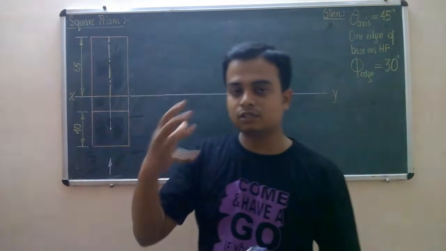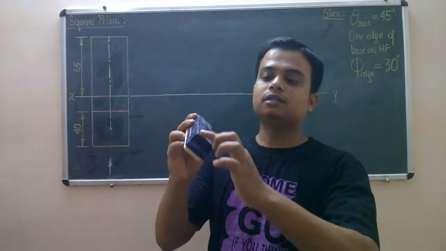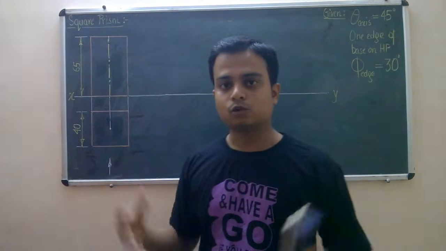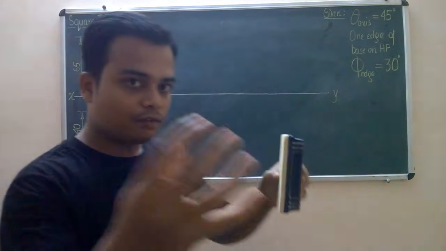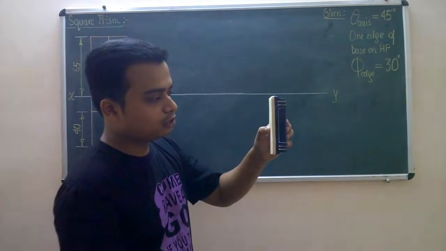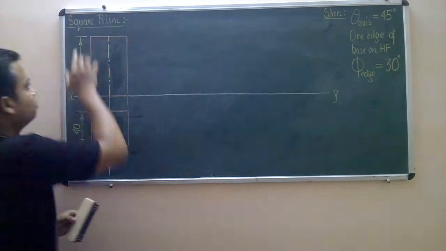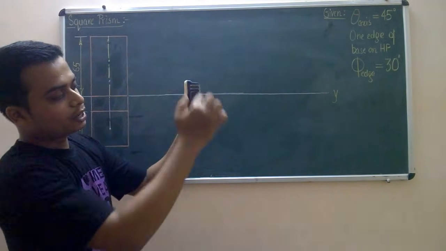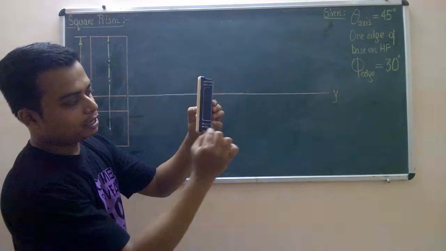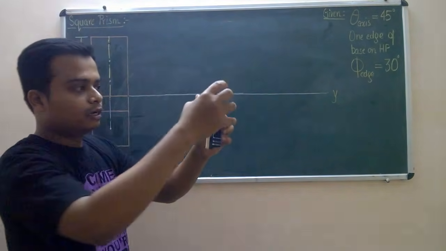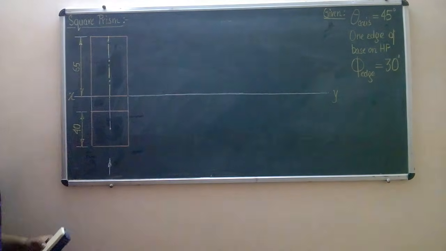As far as the dimensions of the base are concerned, these are 40, 40, 40, 40. It's going to look like a square. Now, when you look at this object from the front, what you will see is this height. This height has been given as 65 millimeters, so we have drawn this rectangle, which has a base of 40 mm, whereas the height of this rectangle is equal to 65 millimeters.